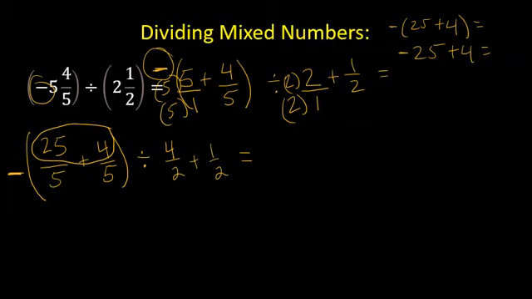So this top one, 25 plus 4 is 29. Wait, let me fix that. It's 29. But this second one here without the parentheses, it's actually negative 21. So we don't want that one. We want this one. So it becomes 29 over 5 because my shoe was a 5.